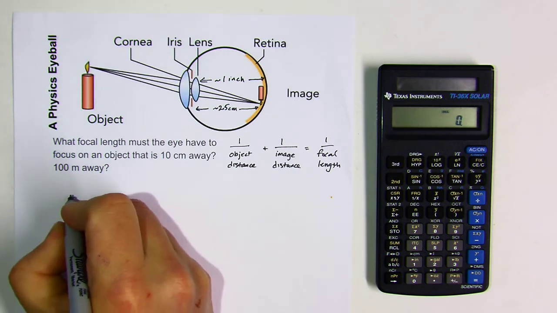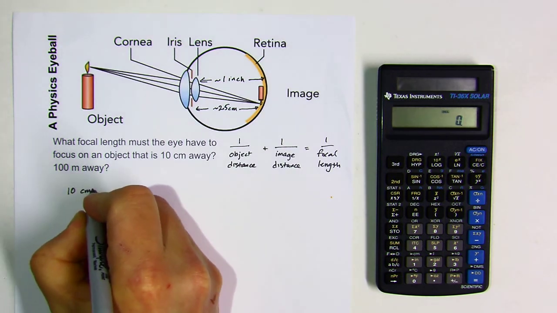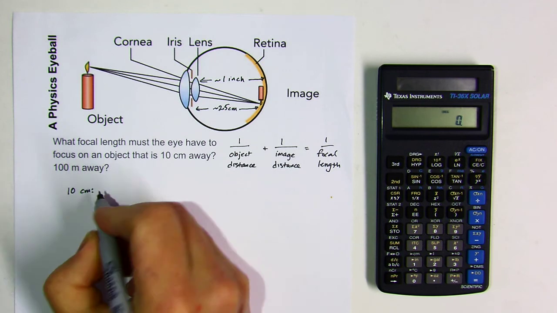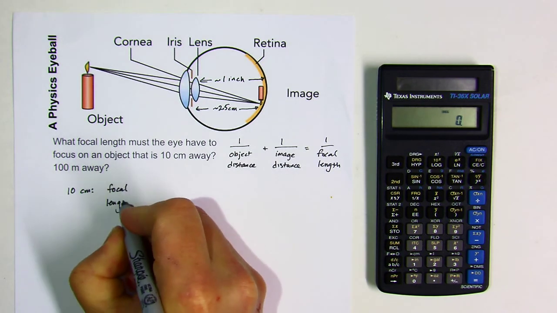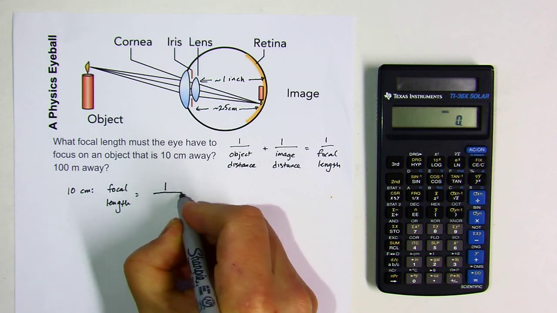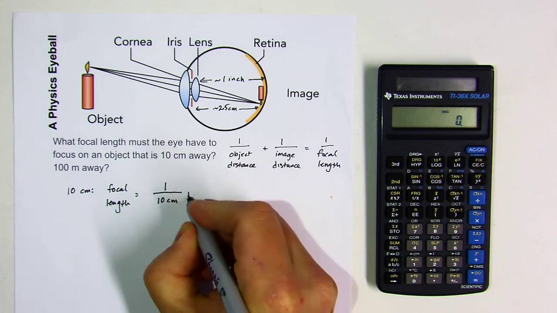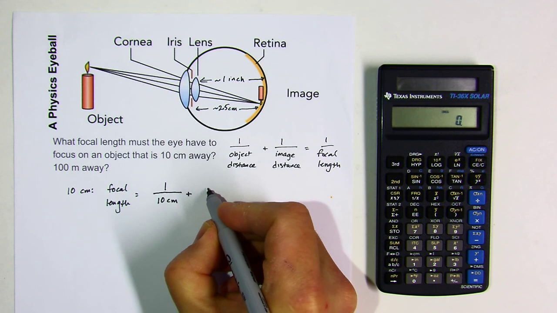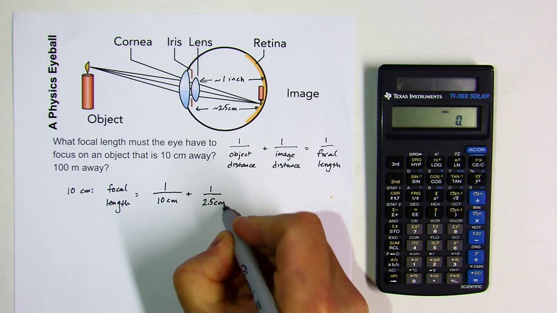So if I'm looking at something that is 10 centimeters away, I find the focal length by taking 1 over the object distance. So I'm looking at something that's 10 centimeters away. And then I add 1 over the image distance, which I'm assuming to be 2.5 centimeters.